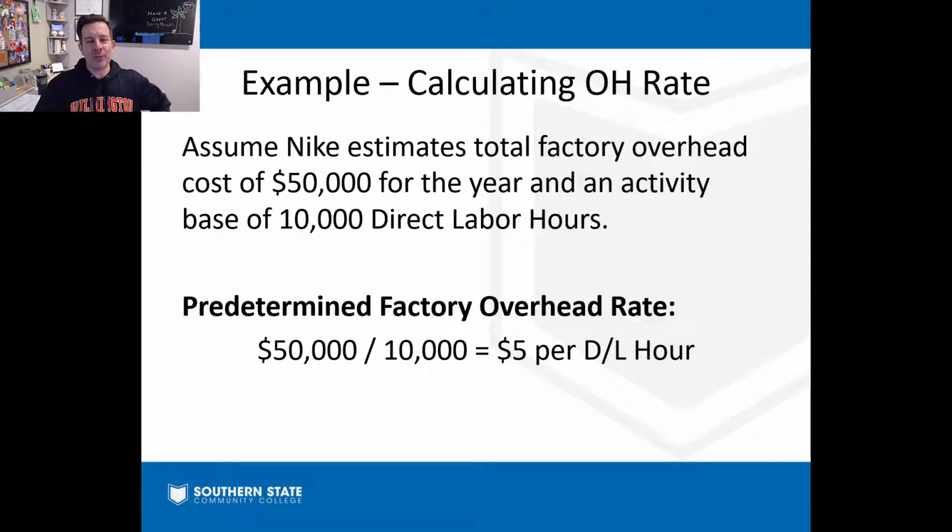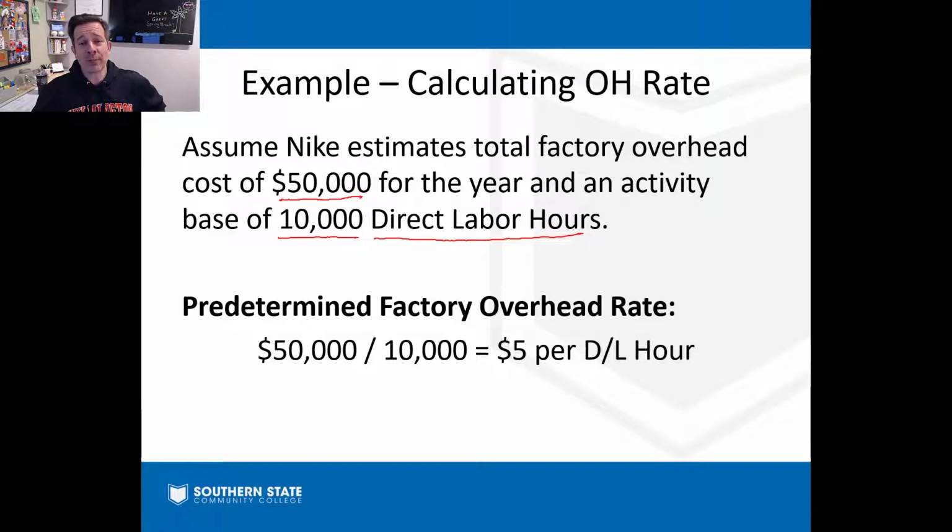Let's give an example, make it a little concrete here. Calculating that estimated or predetermined overhead rate at Nike. We're going to assume Nike estimates total factory overhead cost of $50,000 for the year. Their activity base is going to be direct labor hours, of which they had 10,000.